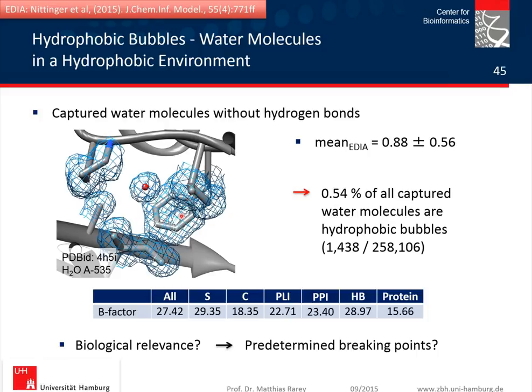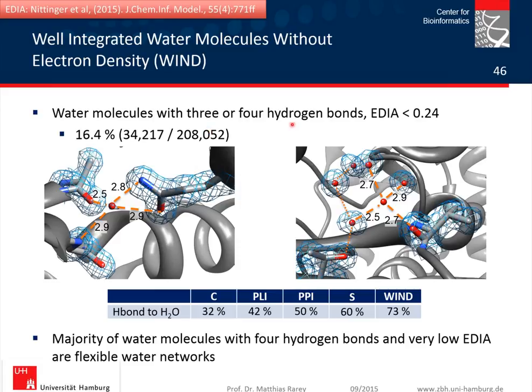Okay, so we also have looked at the other cases. So we looked at water molecules with 4 hydrogen bonds, where there must be a clear signal that they are really in the structure. And here you see situations where this is not the case.